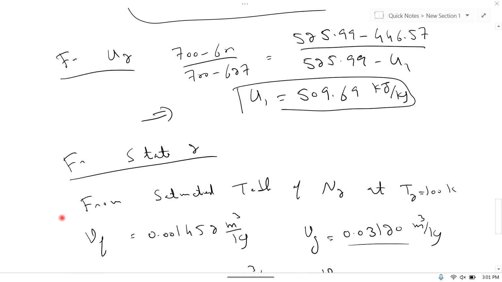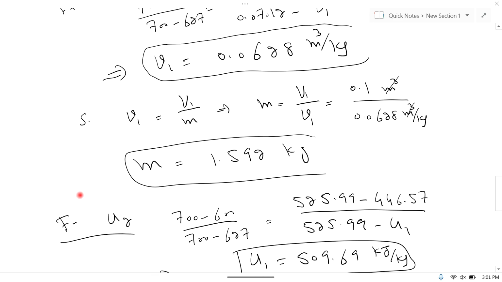Please be noted that V1 is equal to V2. You can write here as this is V1, so constant volume process V1 is equal to V2 is equal to 0.0628 meter cube per kg.